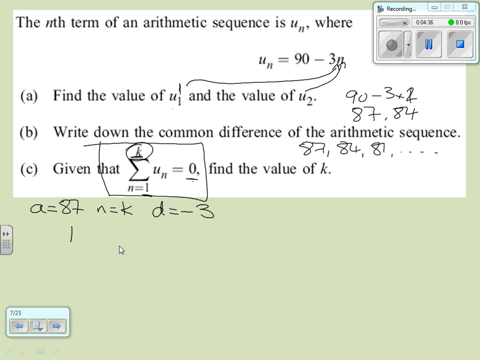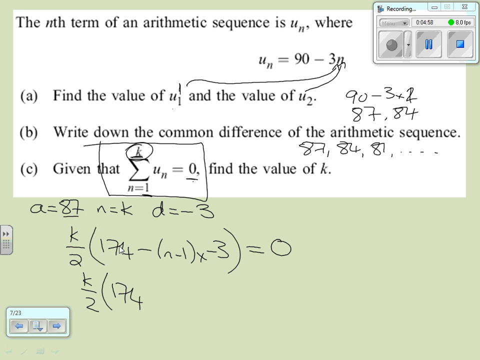That formula was n over 2, 2 times the first one, plus n minus 1 differences. Well, n minus 1 times by minus 3. And we're asking for this total to actually end up being 0. Let's do a bit of algebraic tidying up here then. 174, let's multiply this out.